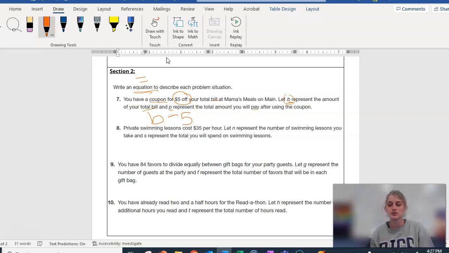Notice I'm not putting the dollar sign in there. I know it's dollars, but in an equation or an expression, you don't write your symbols or your units. B minus 5. What does that equal? Well, if we're pretending our bill is $20, 20 minus 5 equals 15. 15 is what you'd actually have to pay. P is the letter, the variable that we're using to represent what you actually have to pay.